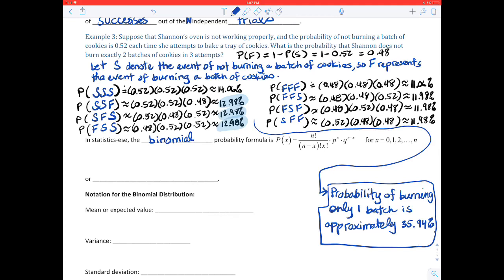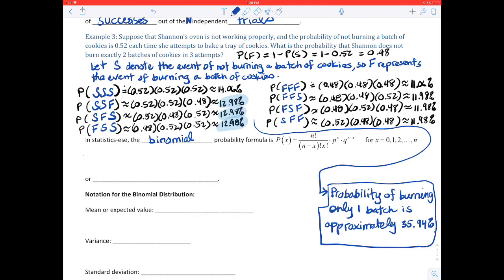So in statistics-ese, the binomial probability formula is probability of x is n factorial over quantity n minus x factorial times x factorial times the probability p of a success raised to the x times the probability of a failure, which is q, raised to the n minus x, where x is equal to 0, 1, 2, all the way down to n, meaning the number of successes for x. All right?